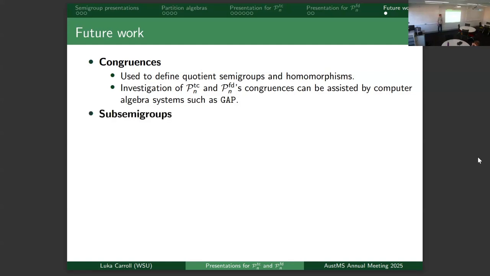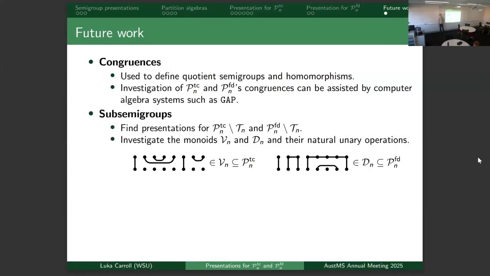There are also several interesting sub-semigroups of these monoids. If you take the complement of Tn in both monoids, you actually get a sub-semigroup. So it would be interesting to see if we can find presentations for those. And in the course of proving the planar presentations, we came across interesting monoids that are subsets of PNTC and PNFD.